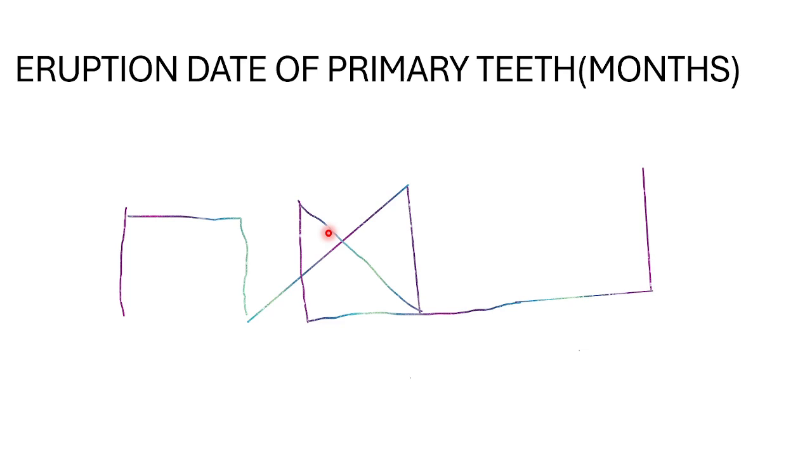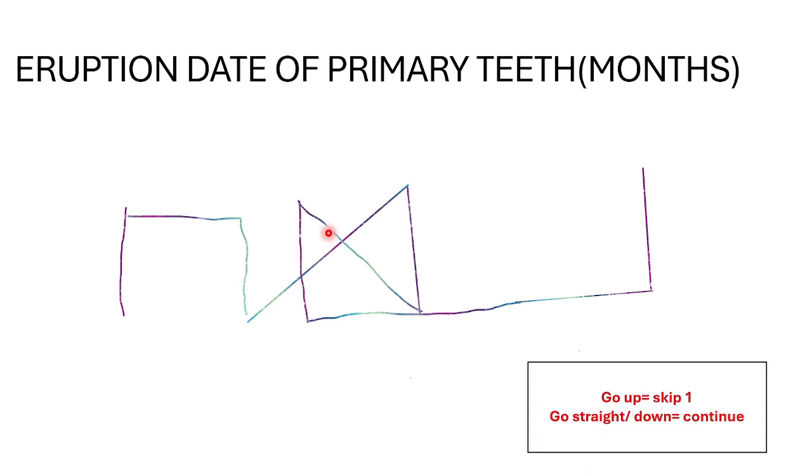Also remember this: whenever we are climbing up, it takes more effort, so we skip one number. But when we come down or move forward, it's comparatively easier, so we just go to the next one without skipping any number. This trick will really come in handy when we are filling up this gap.